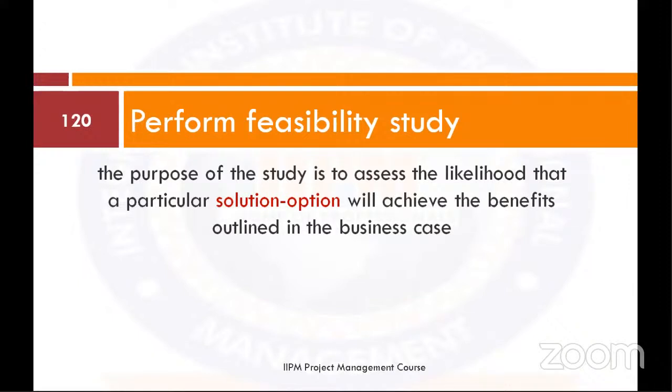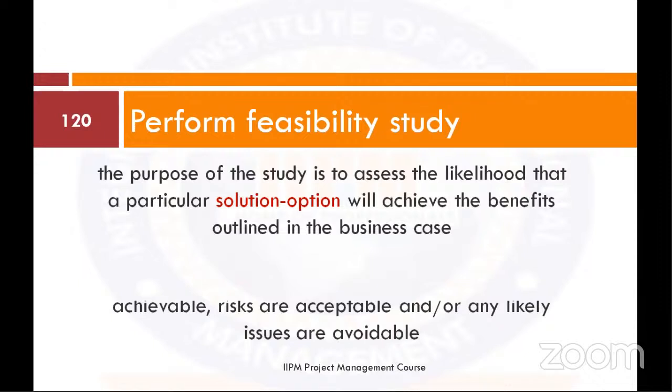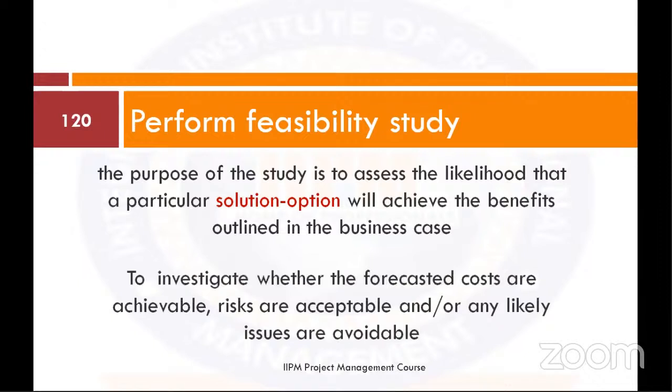So you've defined the business case. Now you want to perform a feasibility study to find out if the solution will give the preferred outcome, and to investigate whether the forecasted costs are achievable, risks are acceptable, and any likely issues are avoidable.